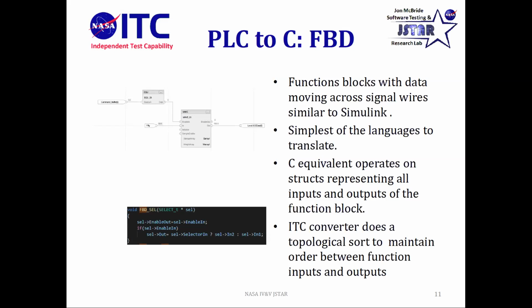Our converter takes a topological sort to maintain the order between the inputs and outputs. There are wires connecting each function block, and by knowing what is an input and output, we then sort. So it gives a semi-random order, but the logic is always in the correct order. If you look at the bottom left side, there's an example of the logic of an FBD function, not the auto-generated code. Next slide.